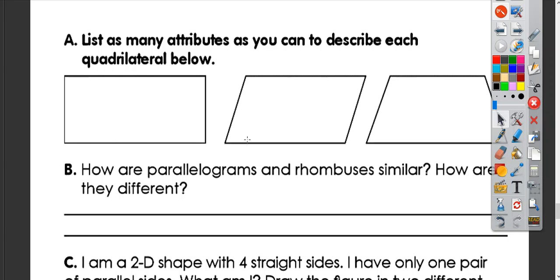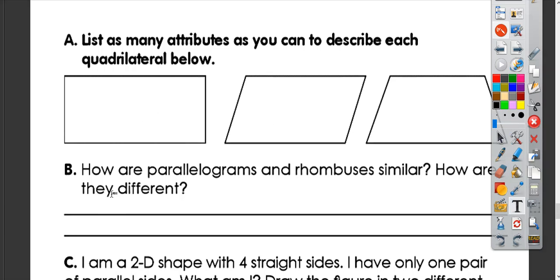This is a parallelogram. The opposite angles are equal and the opposite sides are equal. This is a trapezoid. It has one pair of parallel sides, one pair only. And this one has 2 pairs of parallel sides.